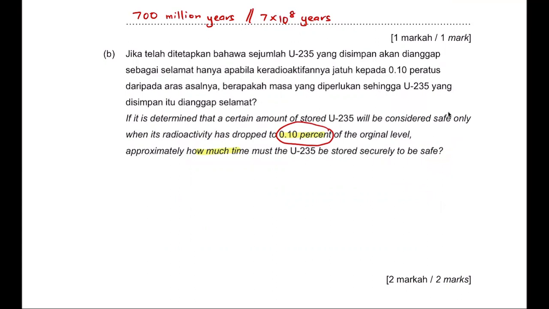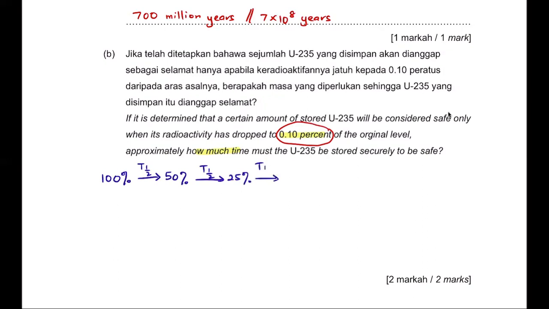Then you calculate how many half-life it has undergone. So we will start with 100%. You divide by 2. This is 1 half-life. Half of 100% is 50%. And then another half-life. Half of 50% is 25%.